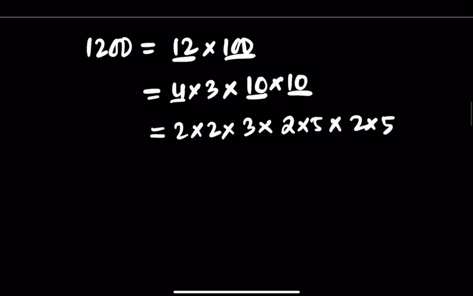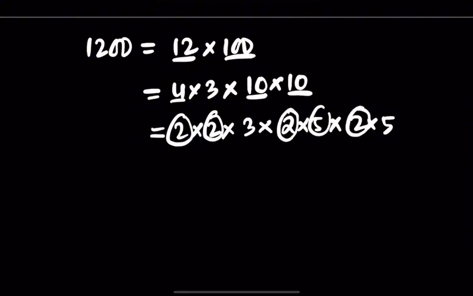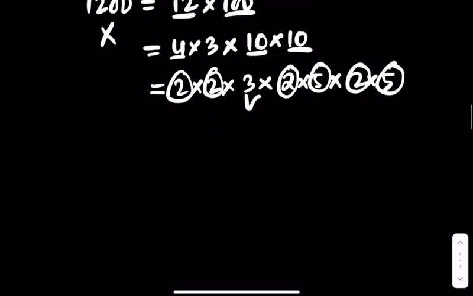So now let's look at the pairs. This 2 has a pair, this 2 also has a pair, and this 5 has a pair, but this 3 here doesn't have its pair. Therefore, 1200 is not a perfect square.